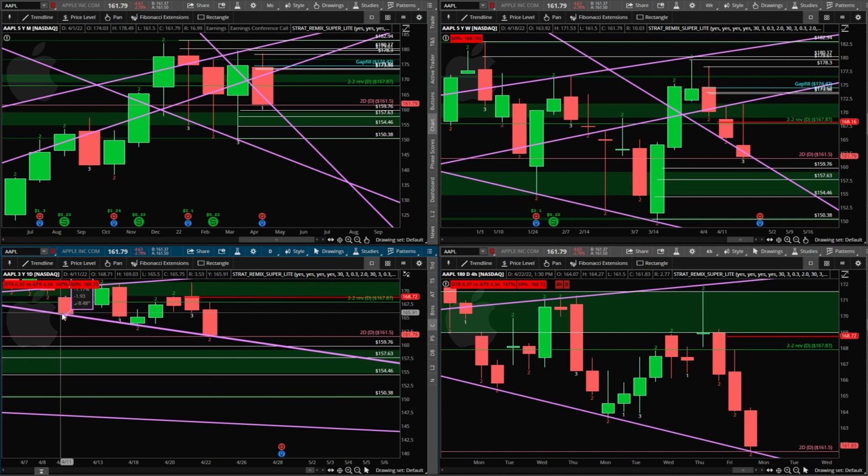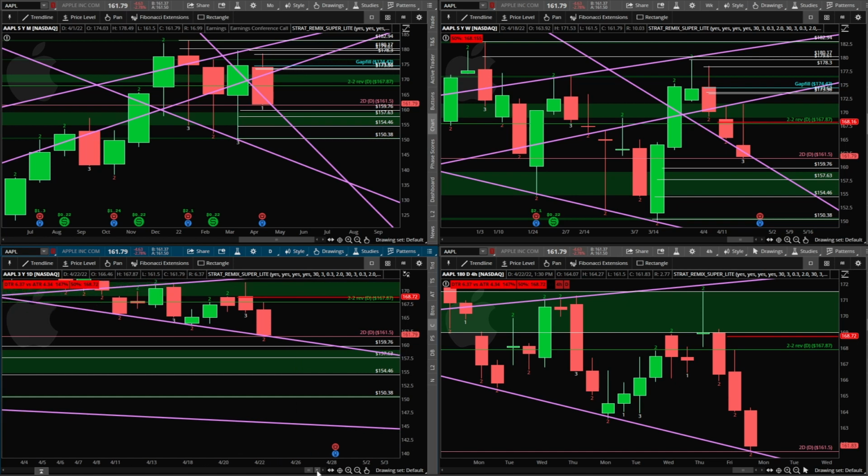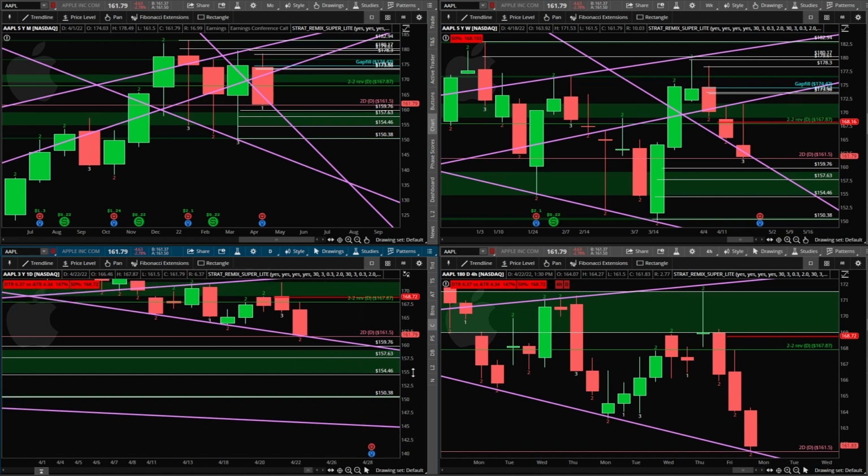I always find it cool being able to connect older lows together, and then all of a sudden a current low stops right there. So I'd be looking at Apple on the downside still, just like everything else, until we somehow get a weekly to go 2 up. That might be a bit.